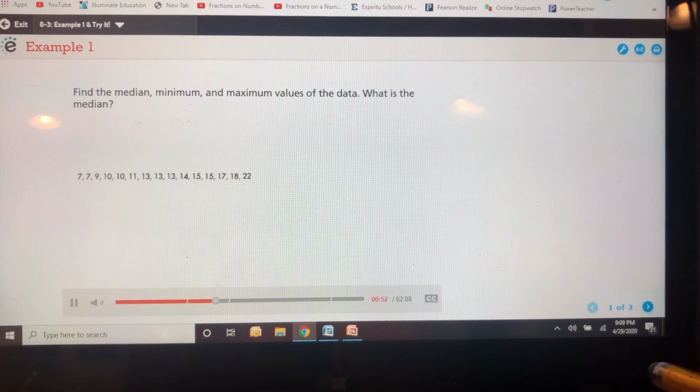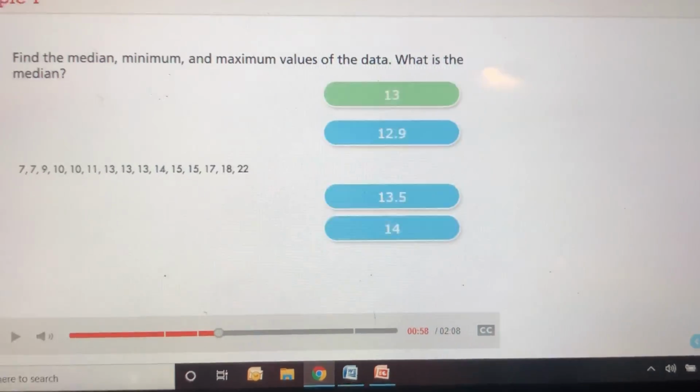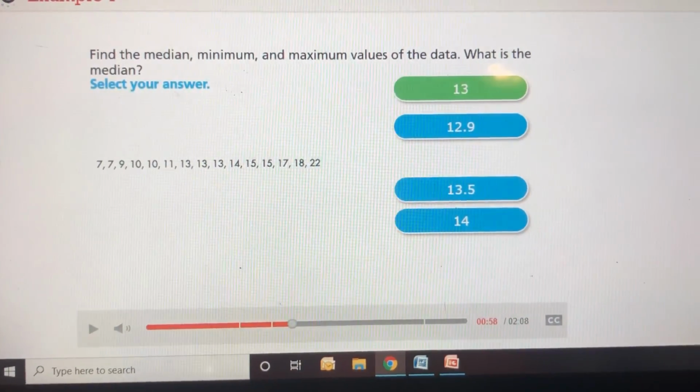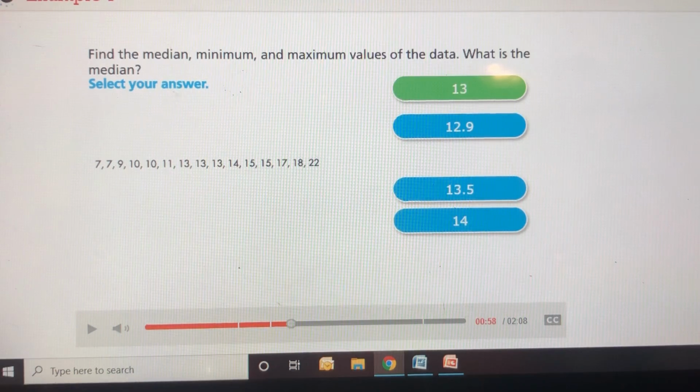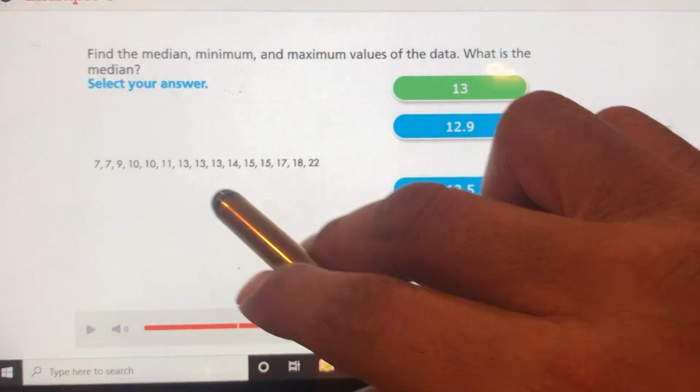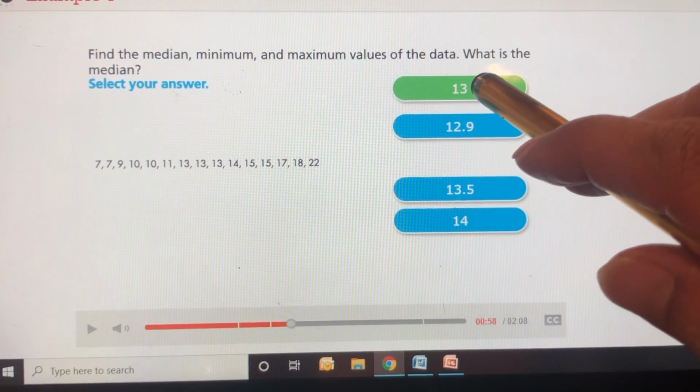Find the median, minimum, and maximum values of the data. What is the median? Select your answer. So here, I already selected the median, which is 13.